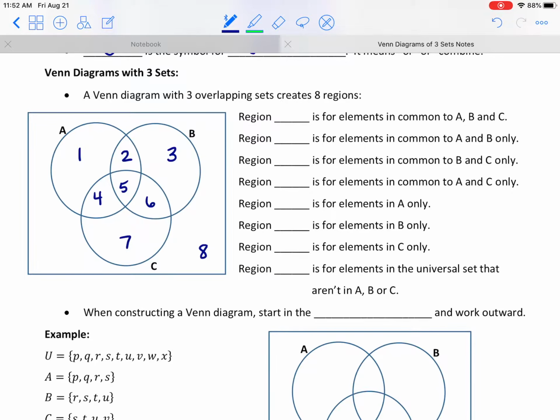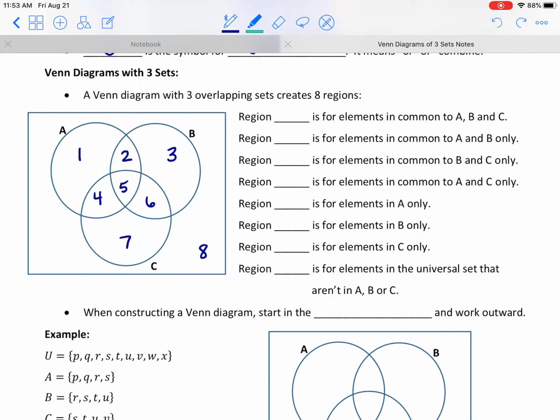So for example, region 1. If we're talking about region 1, this area right here, what kinds of elements would go into region 1? Well, those would be elements that are part of set A only, right? They're in set A, they're not in B at all, they're not in C at all, and clearly they're not outside of the circles. So that region is for elements in A only.